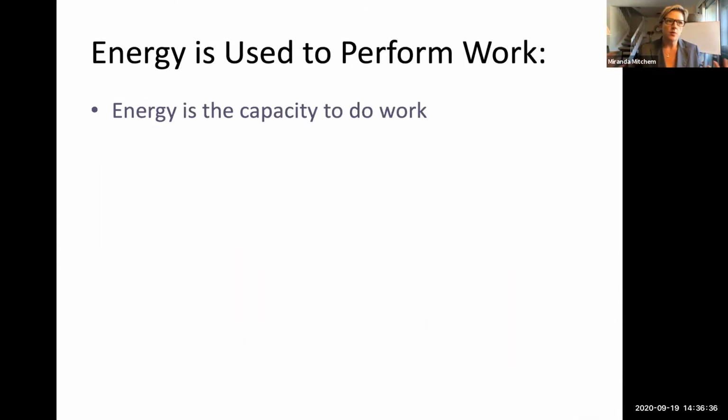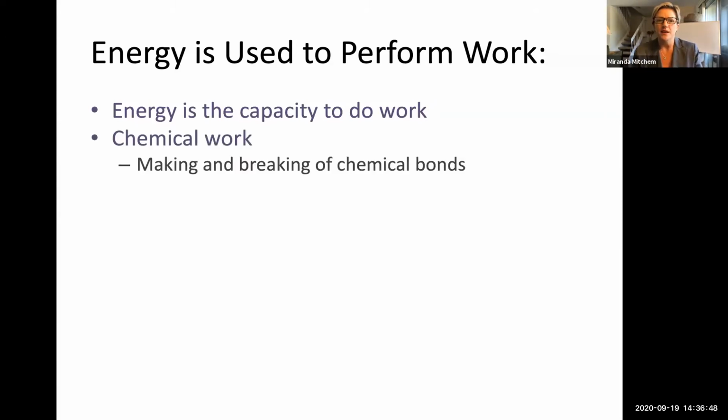So what's energy used for? Yes, it is used to perform physical activity, to perform work, but there's other things that energy is needed for. There's also energy that's needed for chemical work, and that would be making and breaking the chemical bonds.